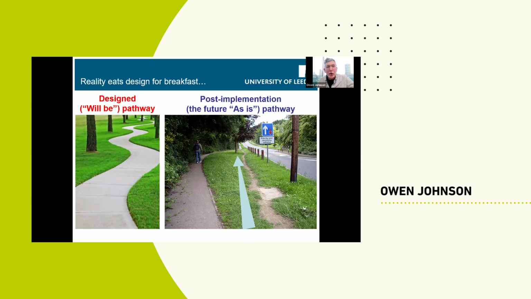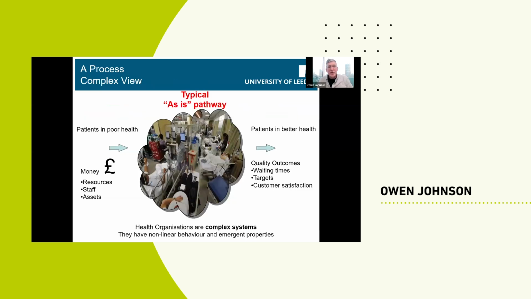So I've given you that simple model of a pathway: input, process, output. This is reality. It's chaos. We have an NHS that manages to deliver amazing care despite the managers coming up with simple pathways, not because of them. We have very experienced people that know what they're doing, complex patients who also know what they're doing, and some people that maybe don't know what they're doing, and somehow we manage that chaos.